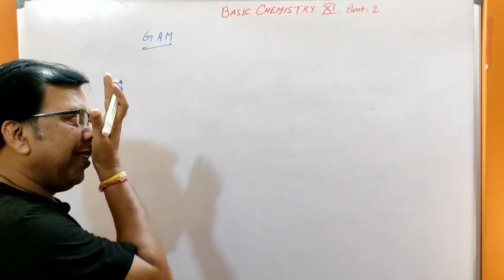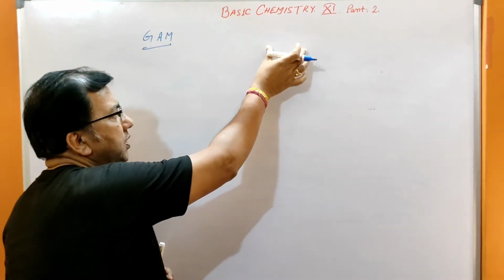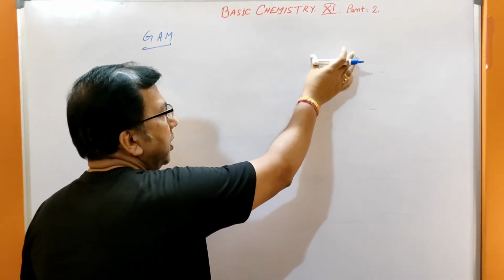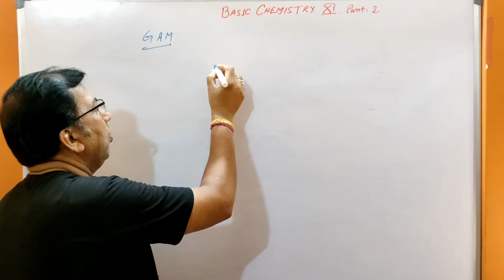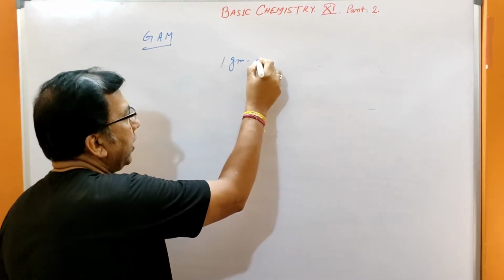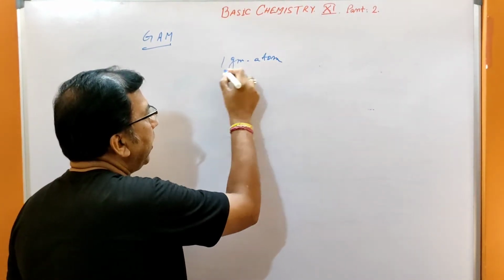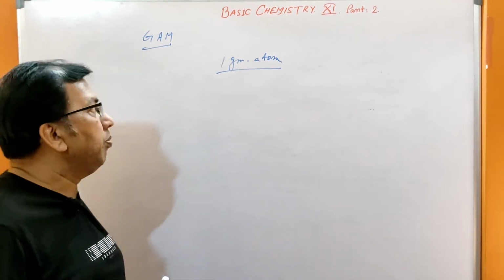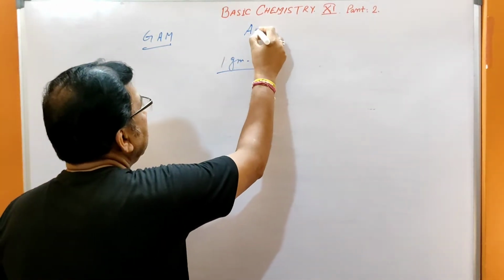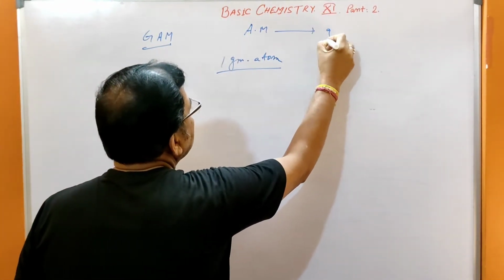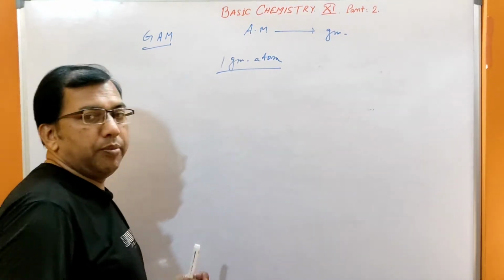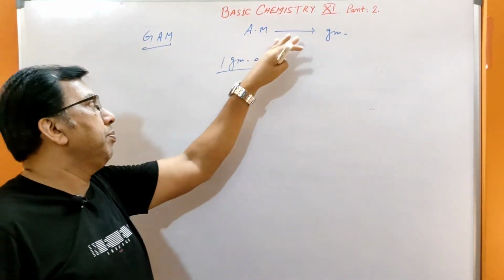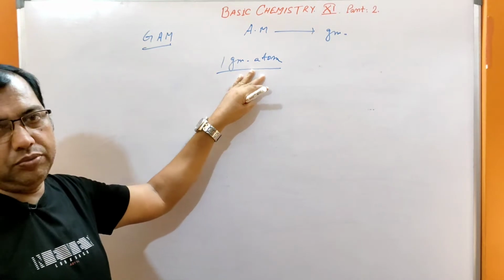That means atomic mass expressed in gram is known as gram atomic mass, and simply it is known as 1 gram atom.